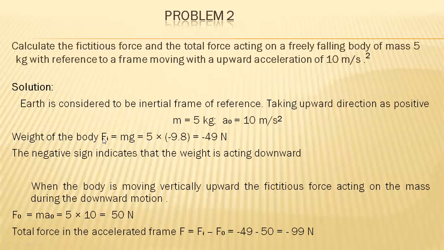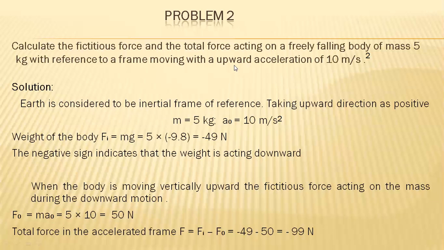The actual weight of the body is m into g, that is 5 into minus 9.8, which is minus 49 Newton. Here the negative sign indicates that weight is acting in the downward direction. Now, the fictitious force acting on the mass is F naught equals m into A naught, which is 5 into 10.